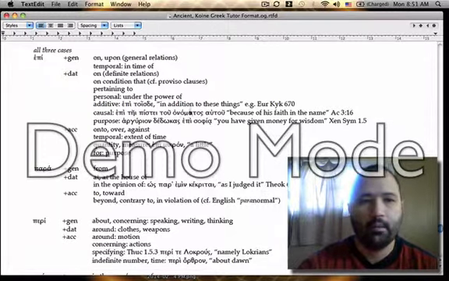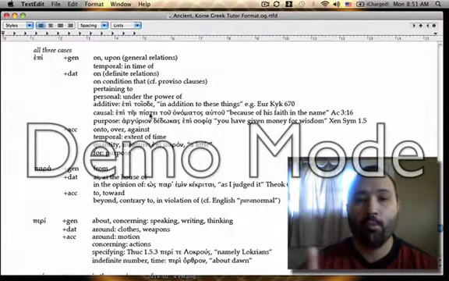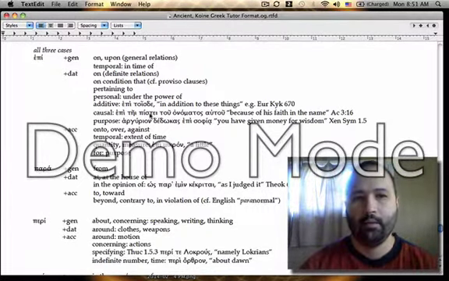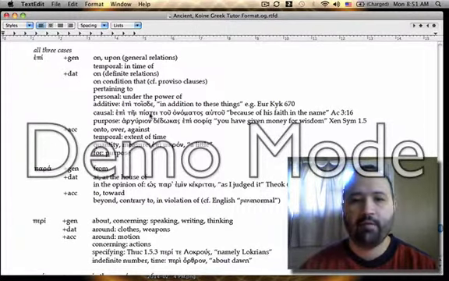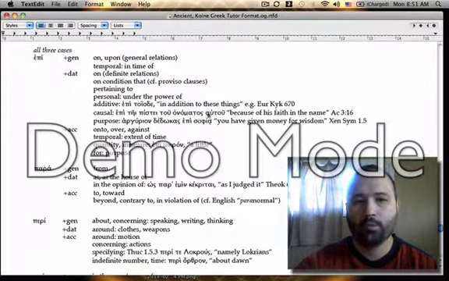It's also used as causal. For example, epi ti pisti to onomatos aftu, because of his faith in his name, meaning this was the cause. So, that's just a simple example there.